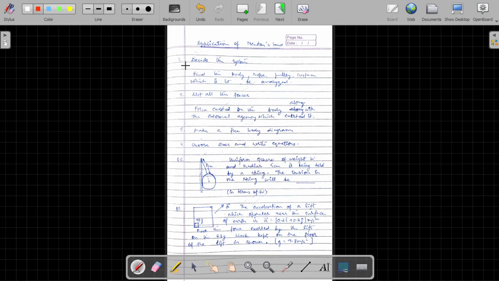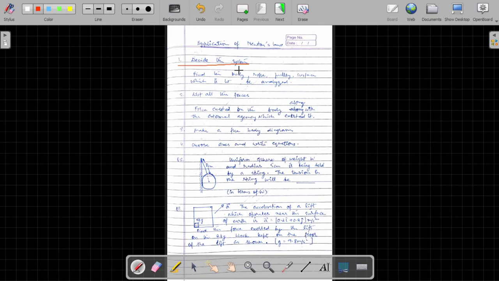So the first step in solving any question in this chapter begins with deciding the system. By deciding the system, we mean that whether we are studying a block, let's say we are going to study a block, then we'll be concentrating only on the forces acting on the block.